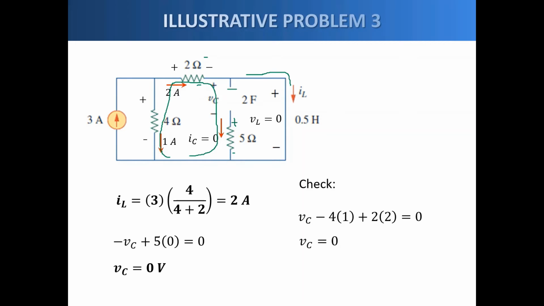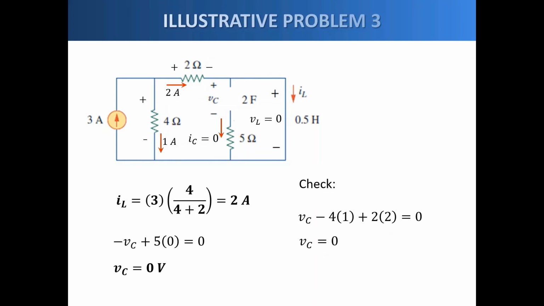So starting here, we have plus V sub C. We didn't include anymore the voltage drop across the 5 ohms because the current there is 0. Minus 4 times the current, 1 ampere, and then plus 2 times the current, which is also 2 amperes. Equate that to 0, and we will also get V sub C equals 0.